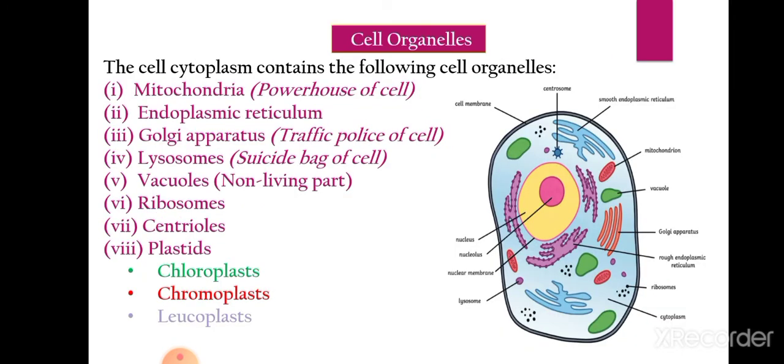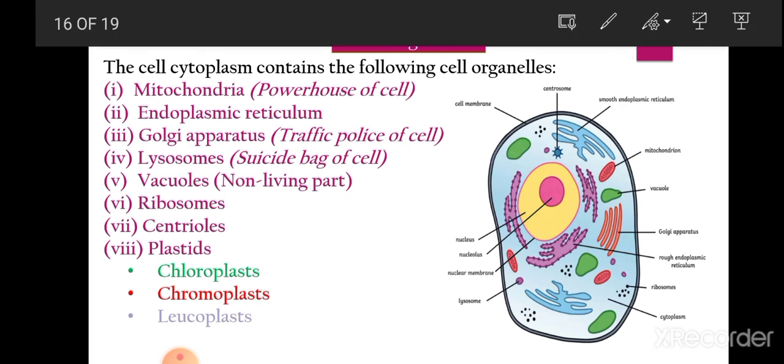Now, cell organelles. Cell organelles are the small structures or small components which are present in the cytoplasm of the cell, and a few of them you can see here. This is the diagram of a cell. First of all, the cell organelle is mitochondria.